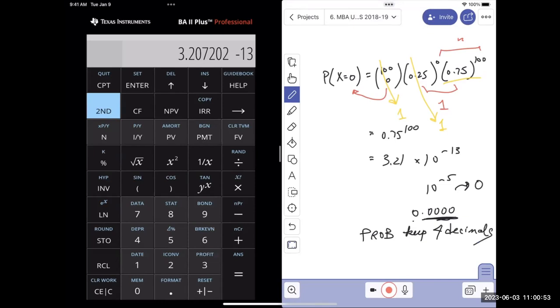So this one, for instance, says negative 13. You have to go 1, and then basically it's 12 zeros in front. So this number is 1, 2, 3, 4, 5, 6, 7, 8, 9, 10, 11, 12, and then 3, 2, 1.